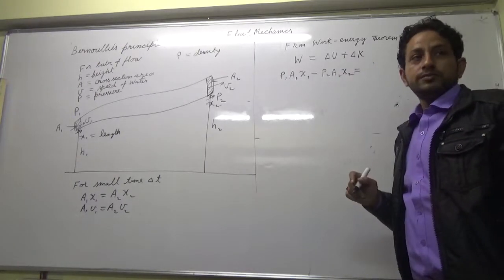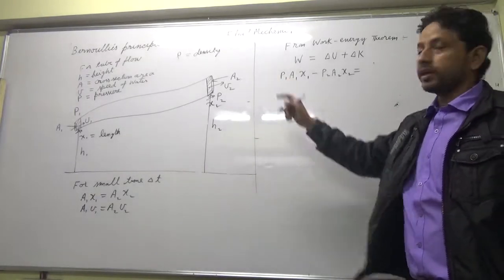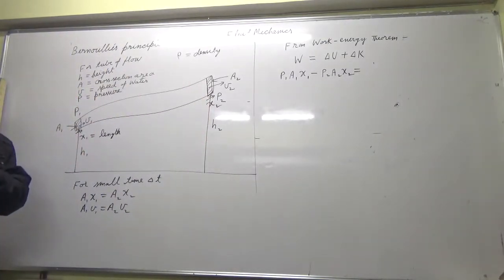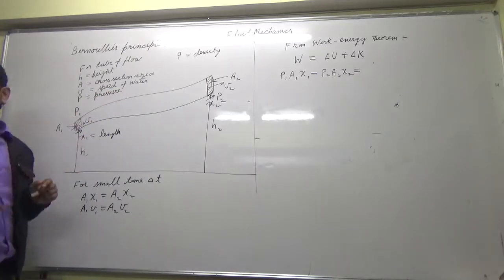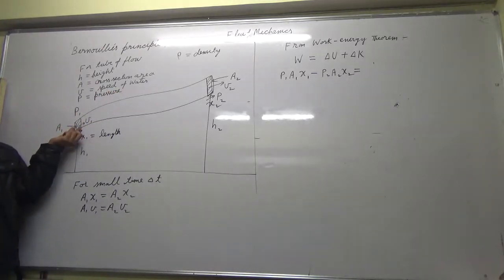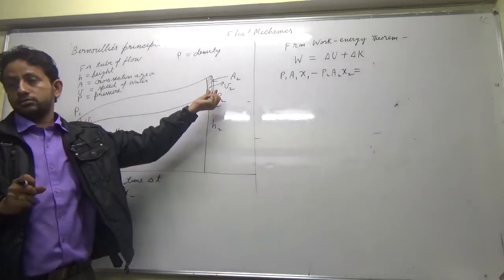Potential energy. What is the change in potential energy if that amount enters and this amount exits? You can see this inner part of the tube remains the same. What is the change? This much amount has decreased from here, and the same amount has appeared on the other side.